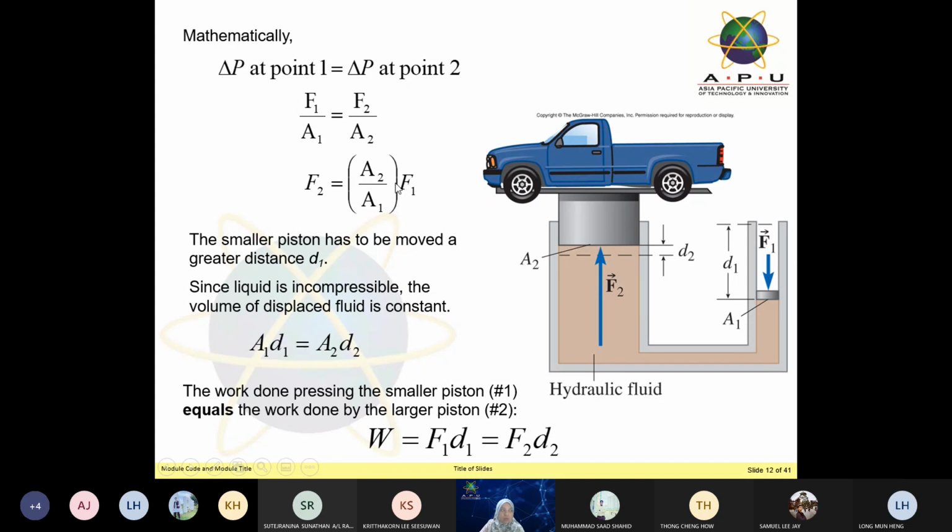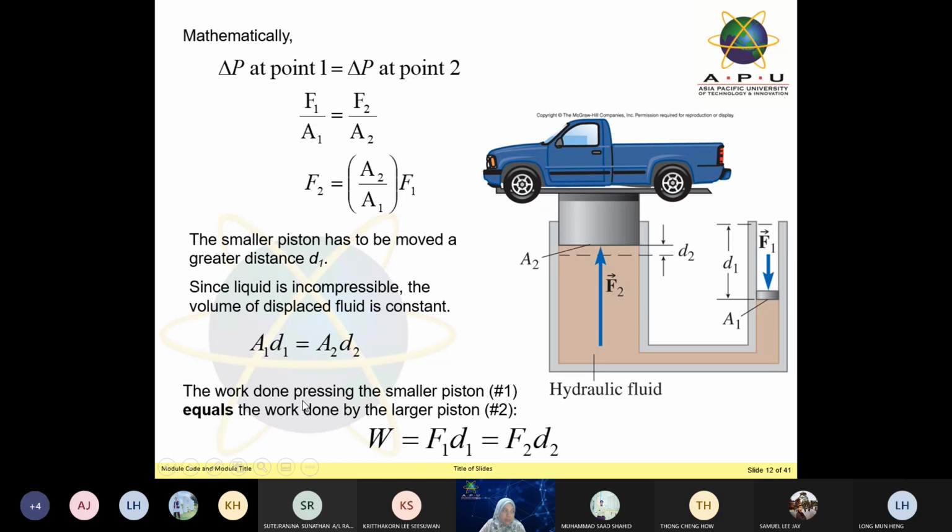So when to use this and when to use this one? Whenever the question has given you the D, then you need to use this one. Depends on the parameter that they give in the question. If you are limited to this formula, later you don't have the areas, don't have force, then need to use this one. So you cannot limit yourself in doing any calculation by using one formula only.